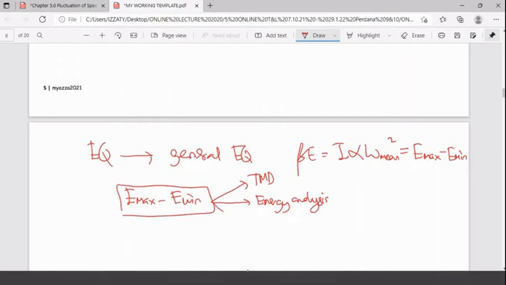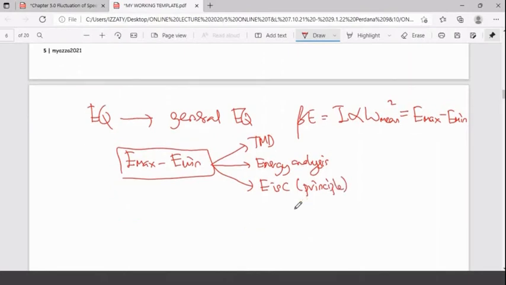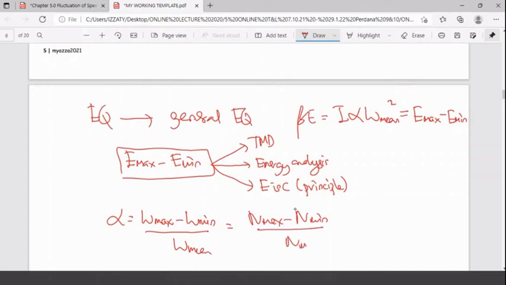You need to know this one: energy must be conserved. Energy is conserved is the principle. After you've done this, the whole thing will be easy. You know well that alpha is equal to omega max minus omega min divided by omega mean, or can also be in the form of n max minus n min divided by n mean.